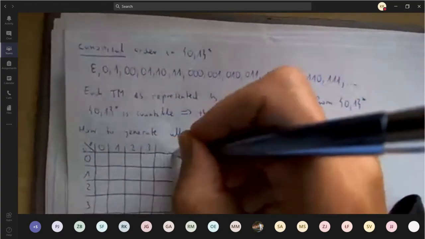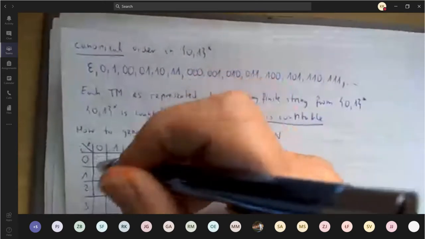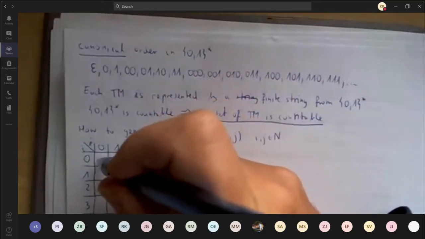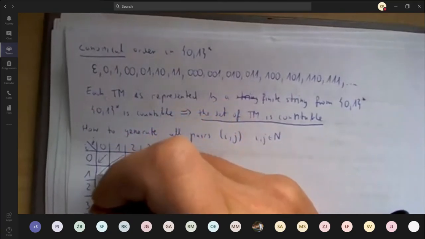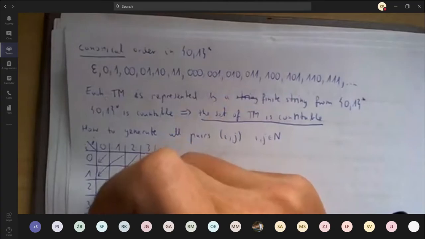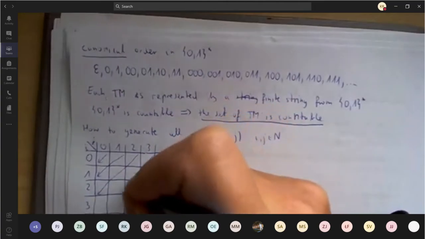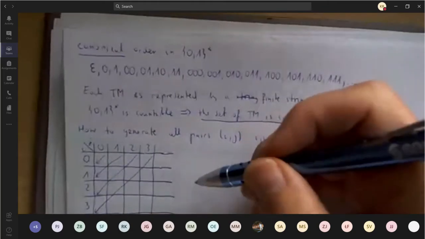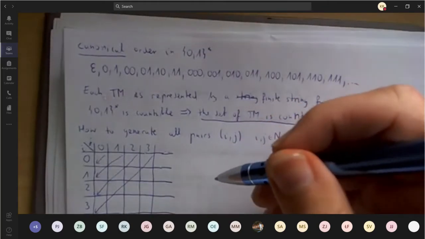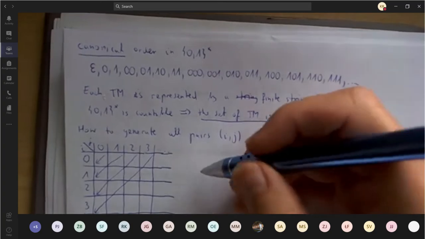So we can generate them in the following order. We start from here, and we do it like this, and so on and so on. So I will enumerate some of them.